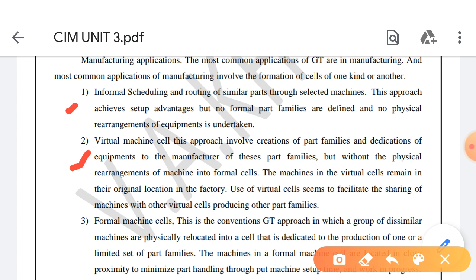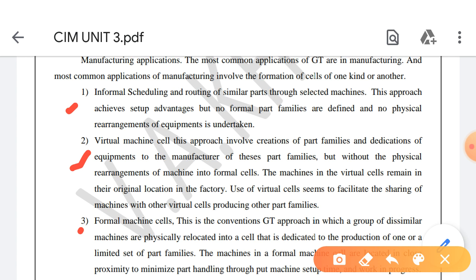In industries where physical reallocation is possible, this group technology application is utilized. So these are the main three applications of group technology.